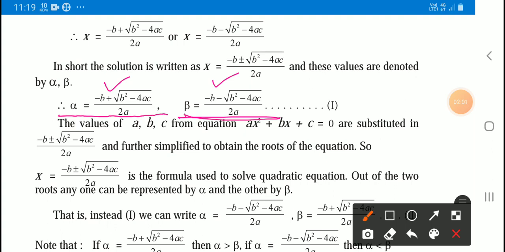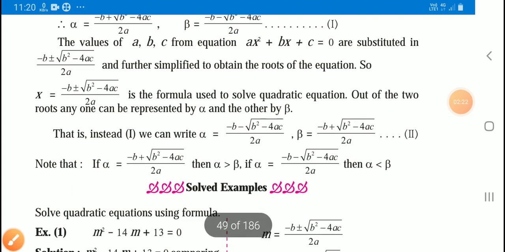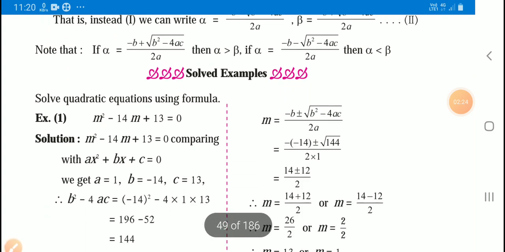Now we have to take the values of a, b, c from the given quadratic equation, and we will substitute these values in the formula and find the roots of that particular quadratic equation. Here they have given a few examples.